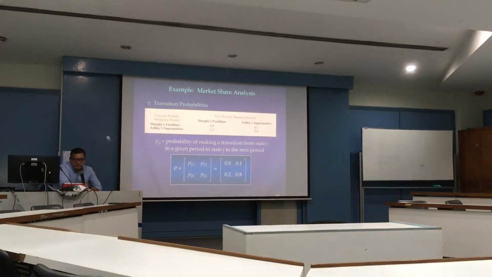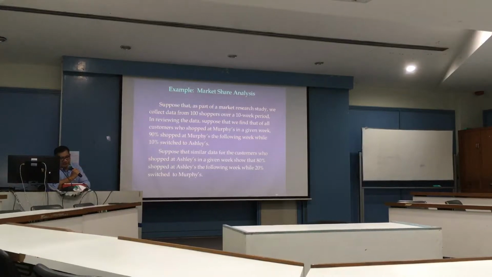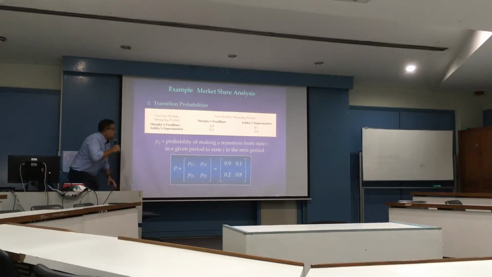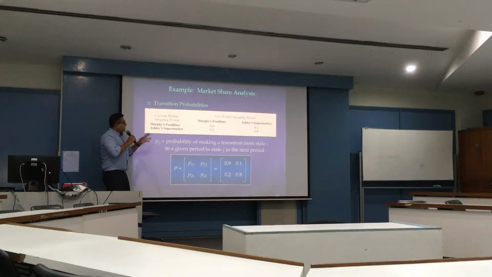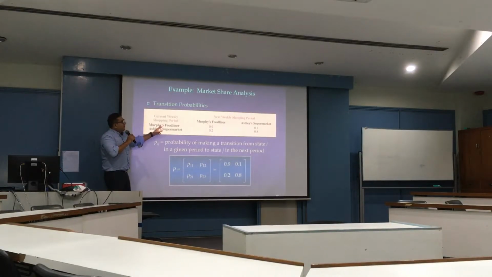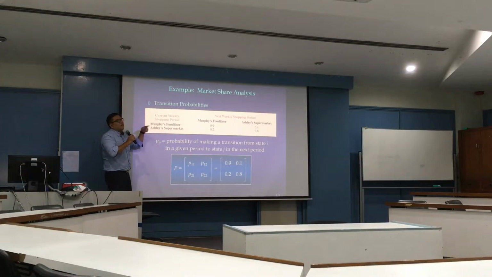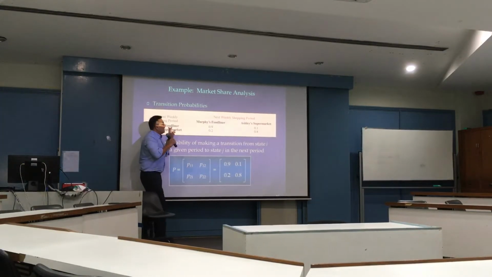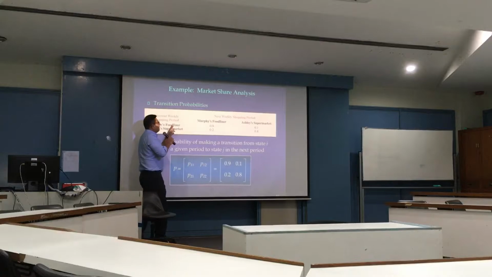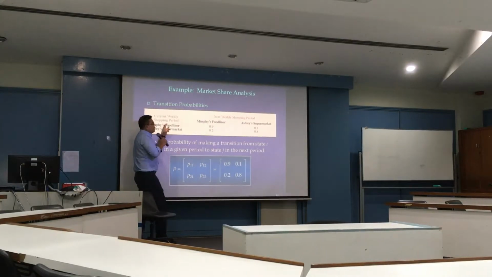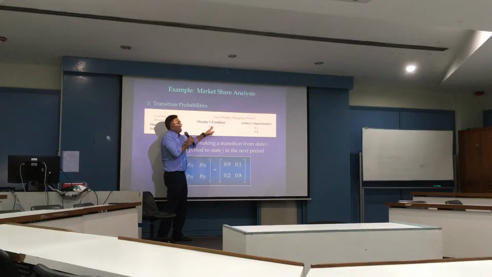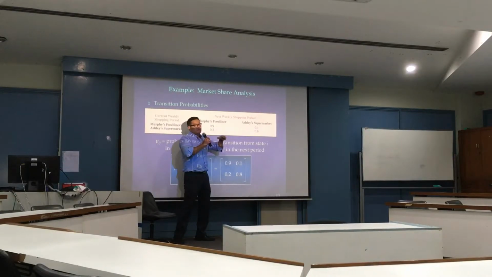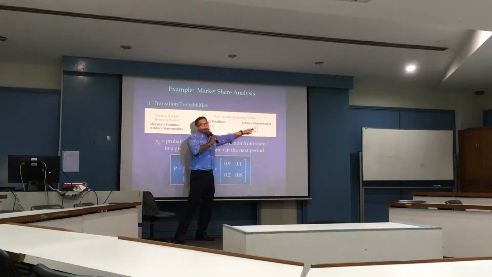So for example, if you look at the table up there, this is the transition probability from the information that I just mentioned here. You can see what happened here. We know that if the current week the customer shops at Murphy, for the next week, based on the information that we have, we estimate that 90% of the customers who shop at Murphy this week are going to shop at Murphy again, and another 10% are going to change supermarket to shop at Ashley.